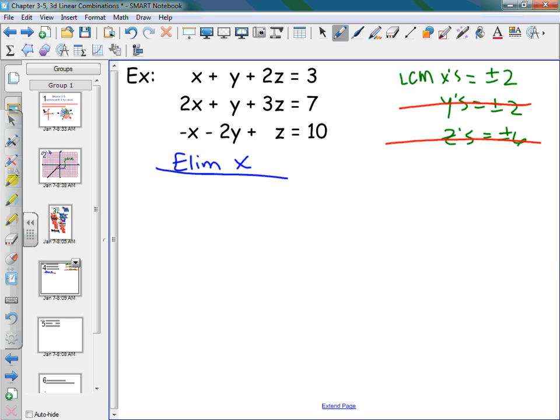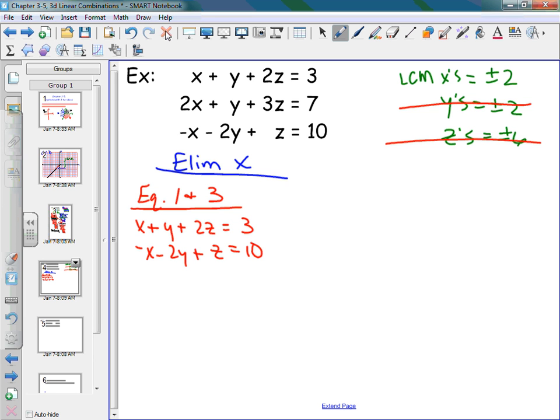So now what two equations would you like to choose? 1 and 3. So that's going to be x plus y plus 2z is equal to 3. Negative x minus 2y plus z is equal to 10. I need a least common multiple of what here? Plus or minus 2 is my blanket, but is that going to be helpful here?